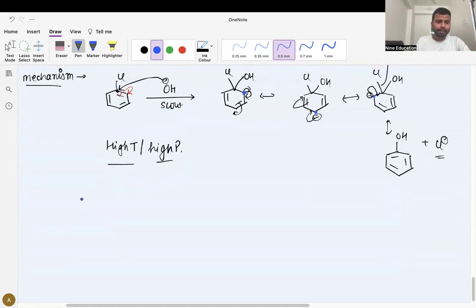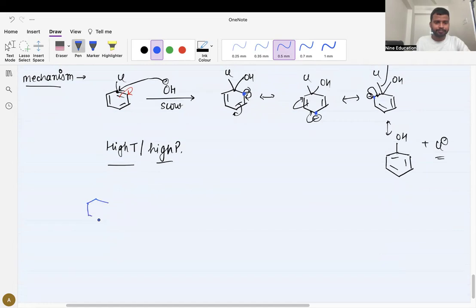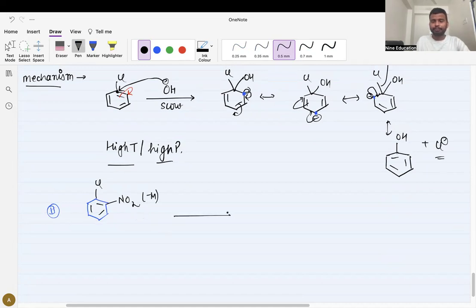Let's say I take the same reaction. Let's say I have chlorine here, and I have NO2, which is acting as a minus M group. Same reaction I am doing, NaOH.